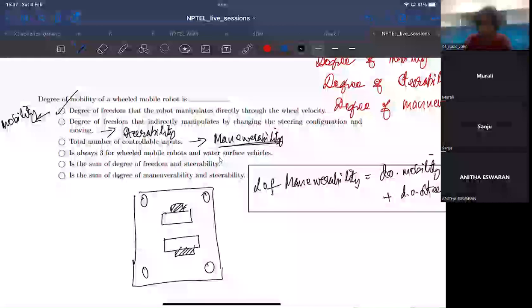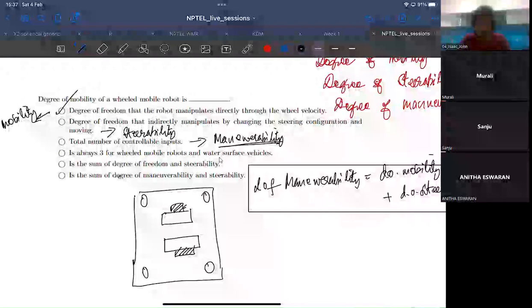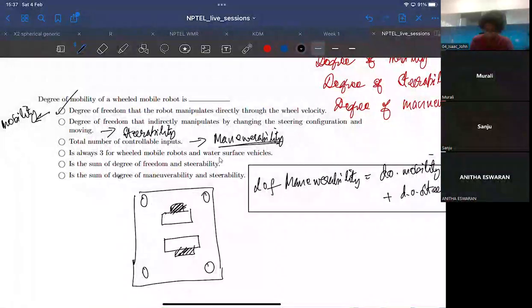Yes. So in this case, how many degrees of freedom would you manipulate directly through wheel velocity? So 2 controllable inputs, right? We give 2 controllable inputs to these wheels independently.